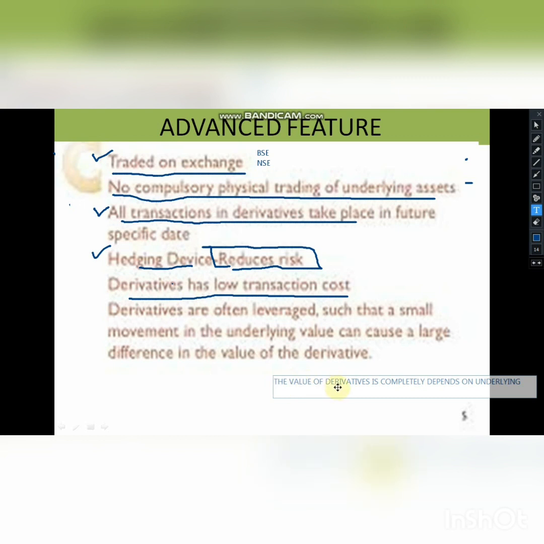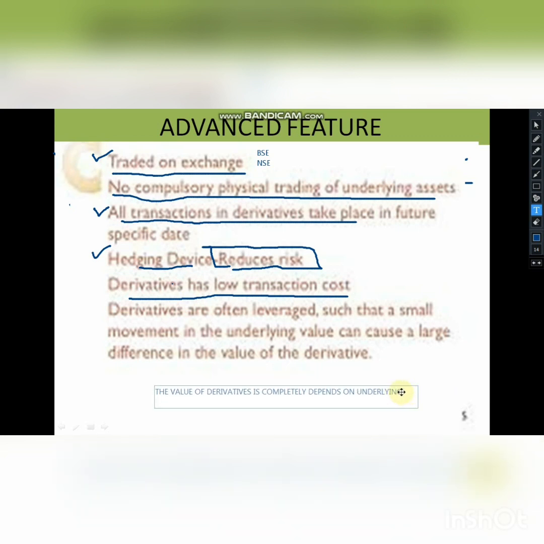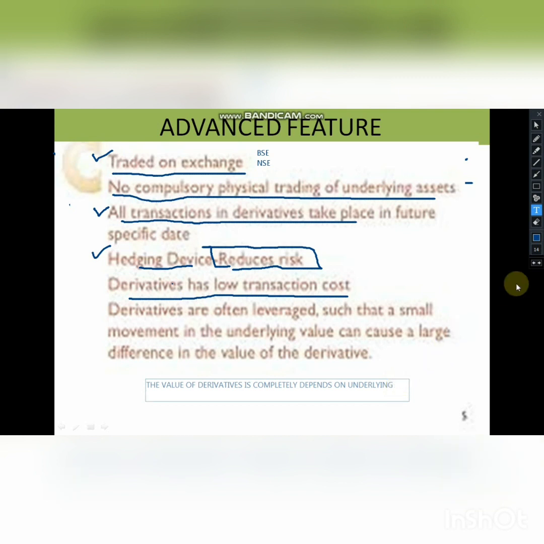The value of a derivative is completely dependent on the underlying assets.